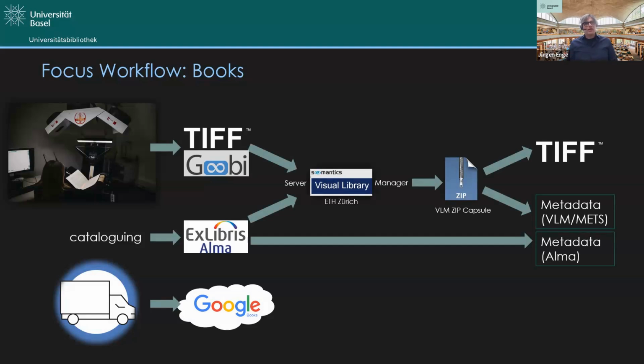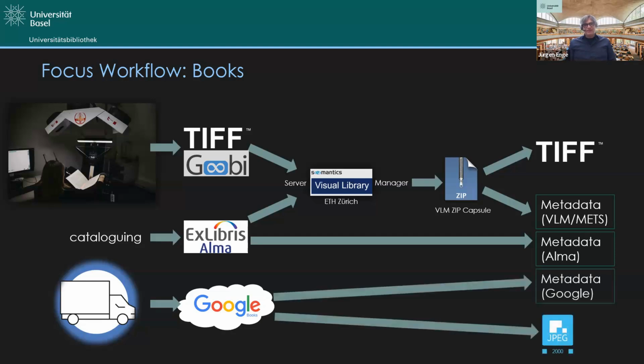So we are sending all our TIFF files, including the metadata from our library catalog, to Zurich, where it will be arranged by our people to make chapters and so on, and generates OCR stuff. All this is in the end packed together into a zip capsule, and we get back our TIFF files accompanied with metadata, which contains all the structures of the book and so on.